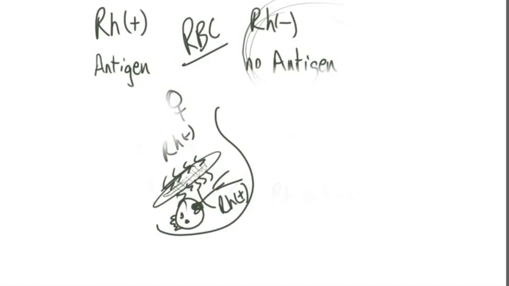Well, because things are little and stuff happens, some of baby's little blood gets up here. What would mom start to do to those Rh positive antigens? She would start to make antibodies.